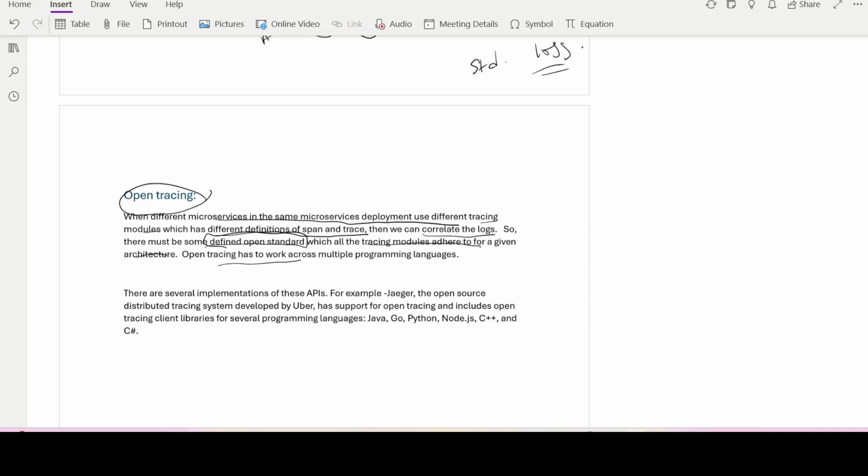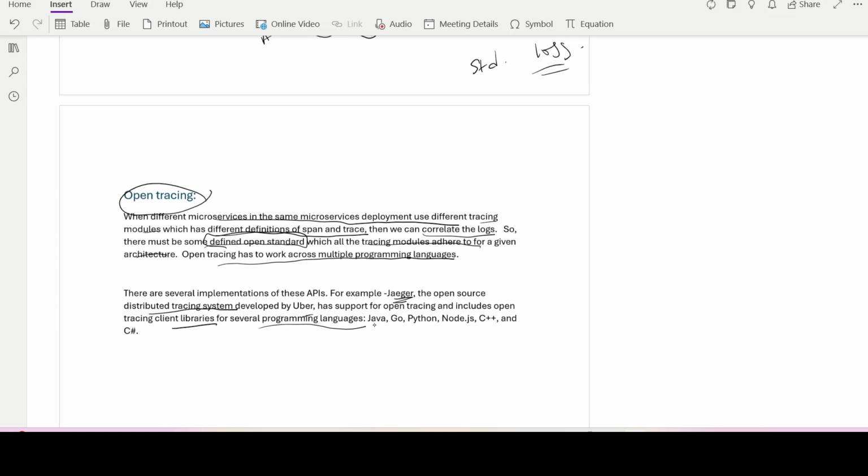OpenTracing works across multiple programming languages, right? There are some standards that were developed and some applications built around them. There are several implementations of these APIs. For example, Jaeger is an open source distributed tracing system, like we see with Prometheus. Jaeger was developed by Uber, supports OpenTracing, and includes OpenTracing client libraries for several programming languages.